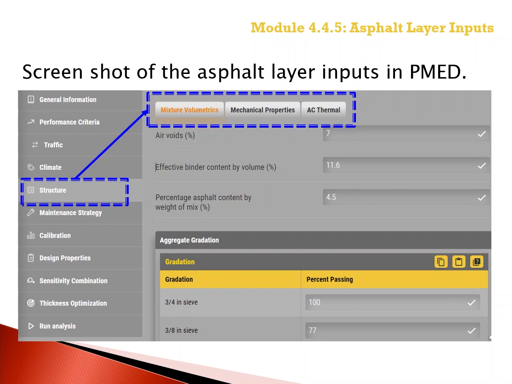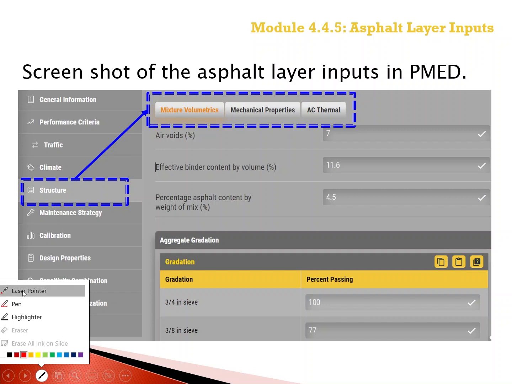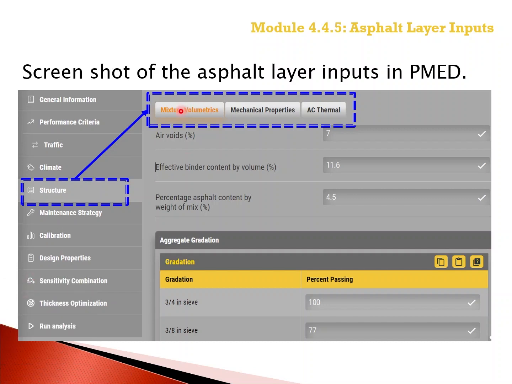So this slide and the next slide are simply a review with some additional information for the input variables we just discussed and illustrated in the software. This slide and the next two slides show screenshots of the Mixture Volumetrics tabs for the asphalt layers.